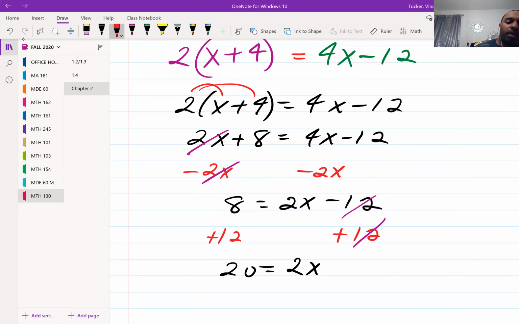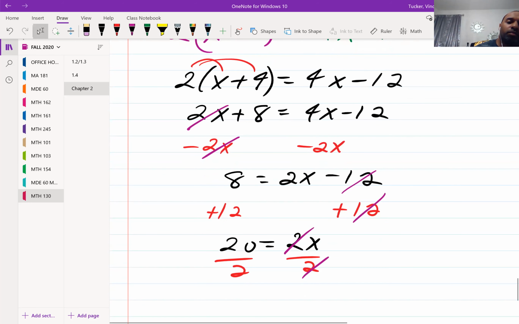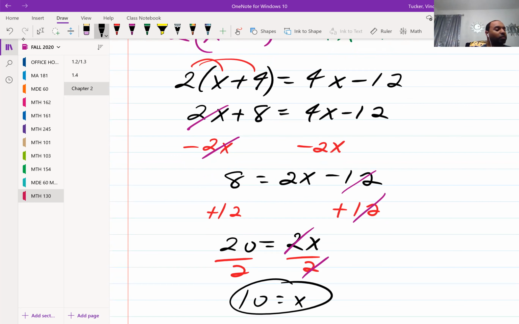And then we can finish it off by dividing by 2. x is equal to 10. All right, questions before we look at another problem?